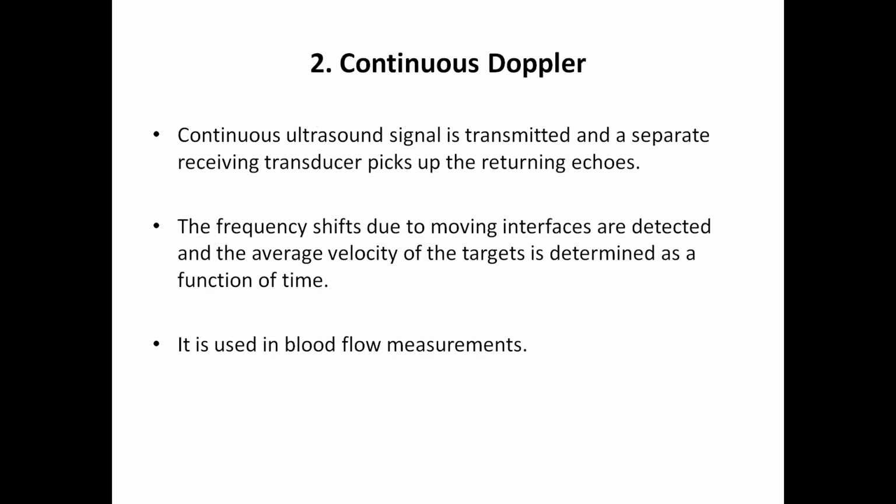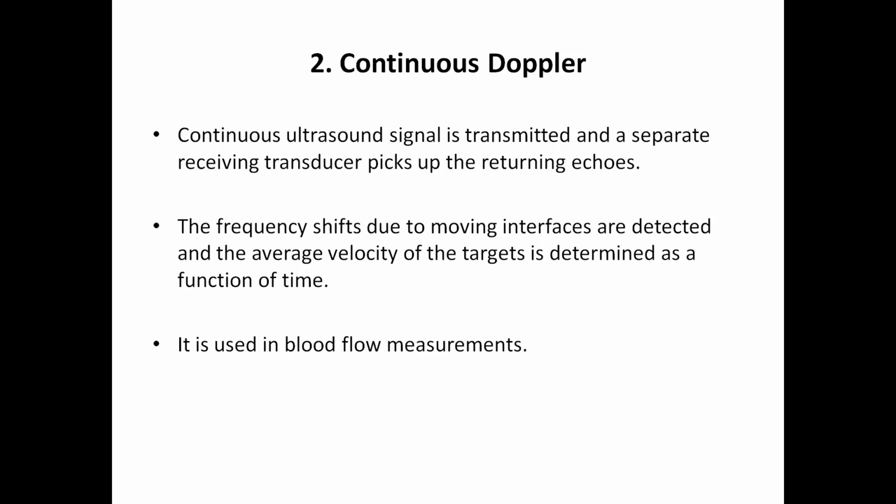Next, by using the Doppler theory, in the continuous Doppler model, a continuous ultrasound signal is transmitted, and we use a separate receiving transducer, where we expect echoes from the patient's body. In continuous Doppler, the main principle is frequency shift.